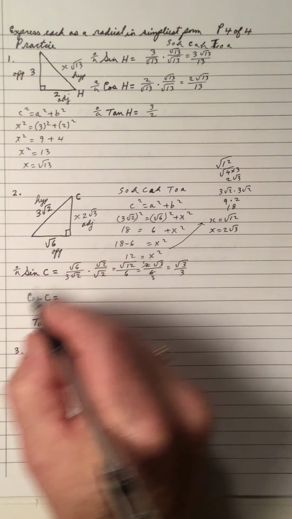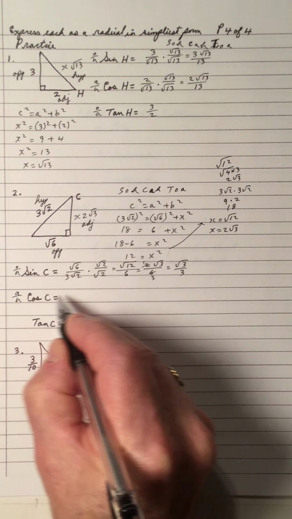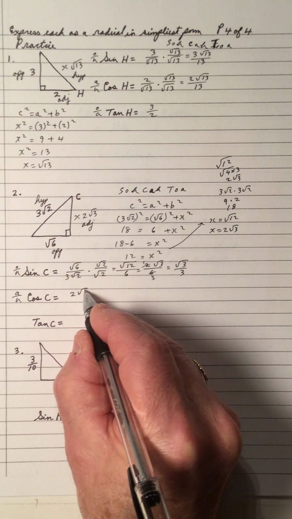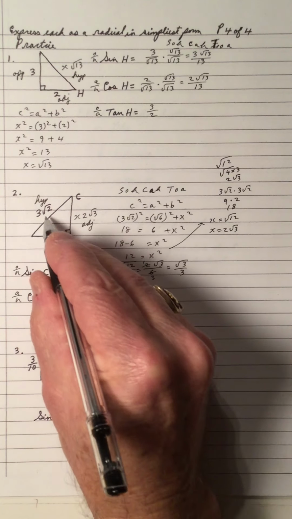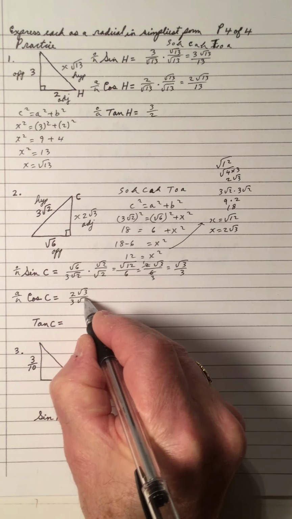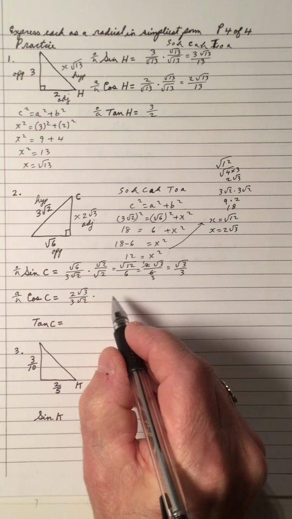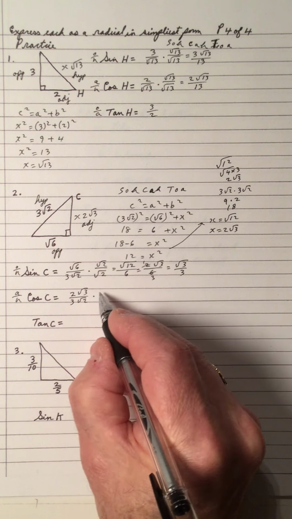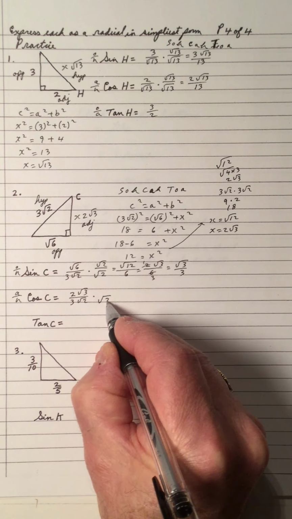Cos is adjacent over hypotenuse, and the adjacent side is 2 root 3, and the hypotenuse is 3 root 2. Adjacent over hypotenuse, and now we multiply top and bottom by root 2.